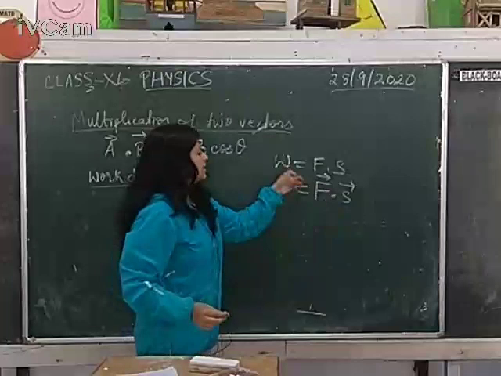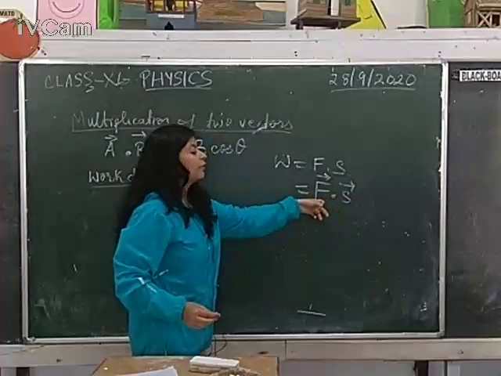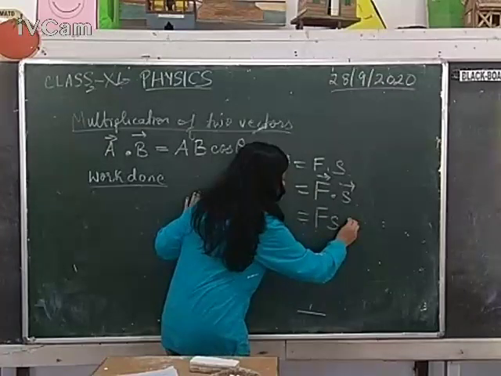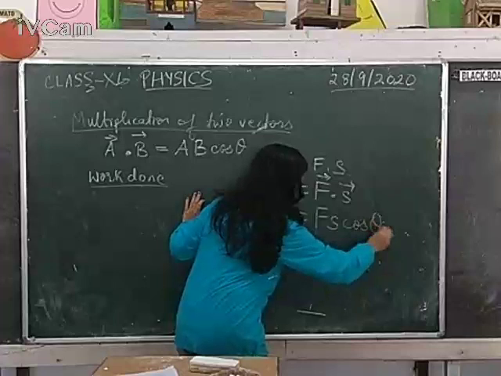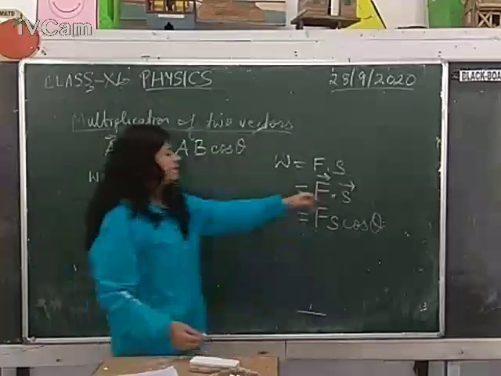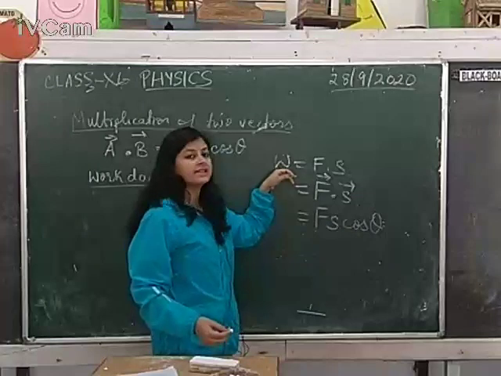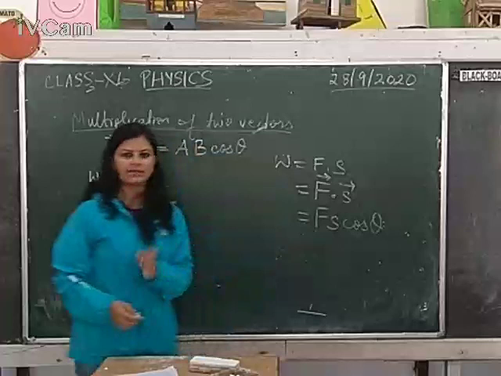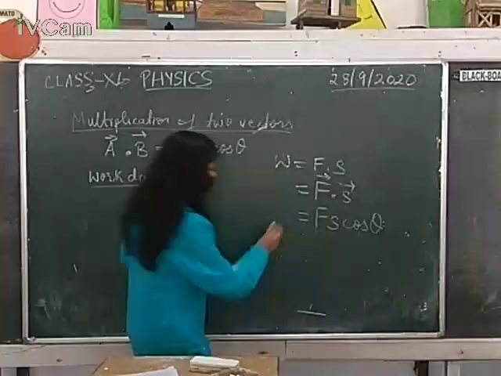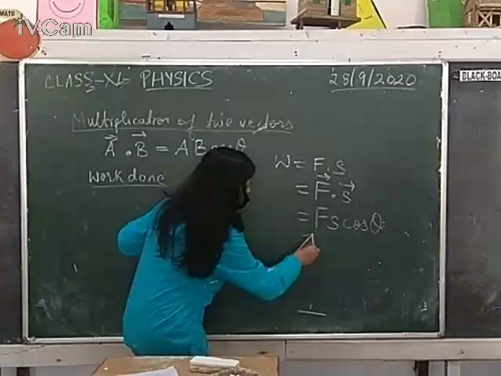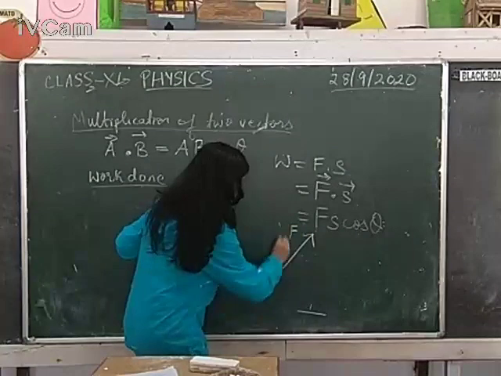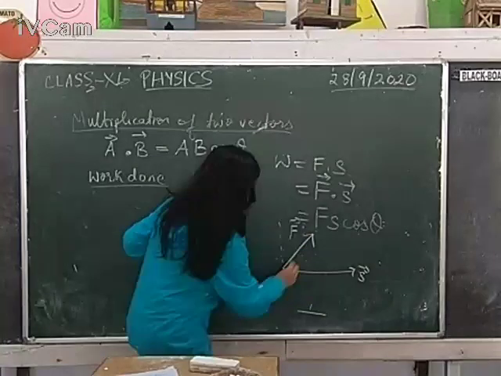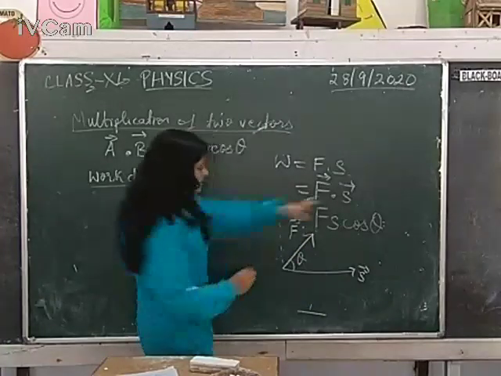So work done is the scalar product of force and displacement, or you can write it as Fs cos theta. Since it is a scalar product, work is again a scalar quantity. So after multiplying two vector quantities, we are getting a scalar quantity. That is an example of scalar product. Like if you had force in this direction and the displacement was occurring in this direction, then this was the angle between force and displacement.